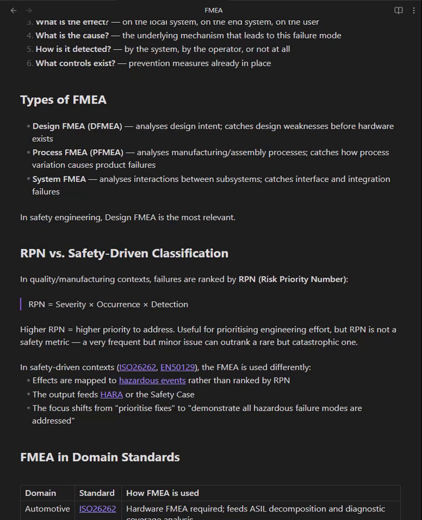And it is used to classify and also prioritize the engineering efforts in order to look at the most critical parts of the system and address those failure modes early, and give them the attention, the effort they need. But RPN is not a safety metric by itself. So a very frequent minor issue can outrank a rare but catastrophic one.